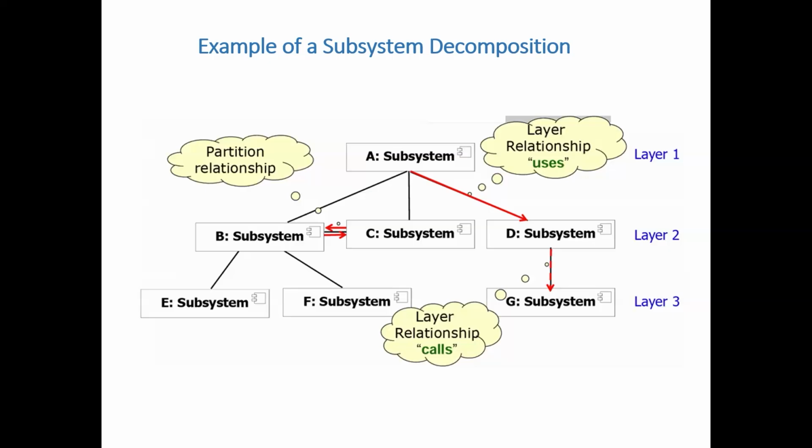Then over on the left side, you can notice subsystems B and C. They have arrows pointing both ways. This is a partition relationship and it's happening within the same layer. These subsystems are weakly coupled but still aware of each other's services, meaning they can interact without needing hierarchical control.